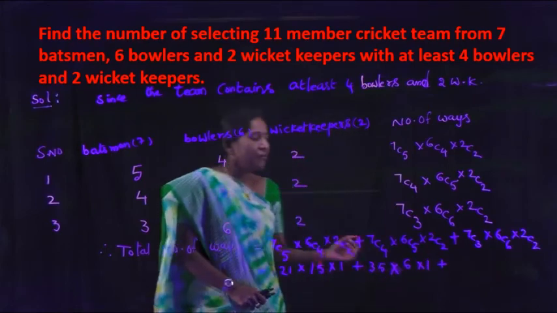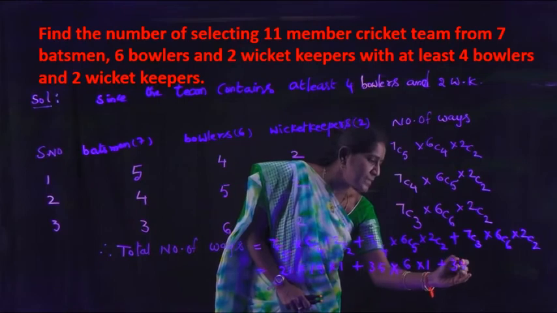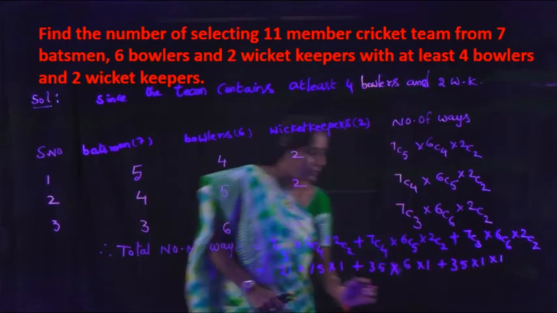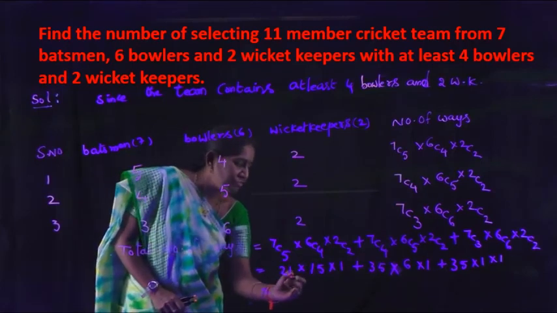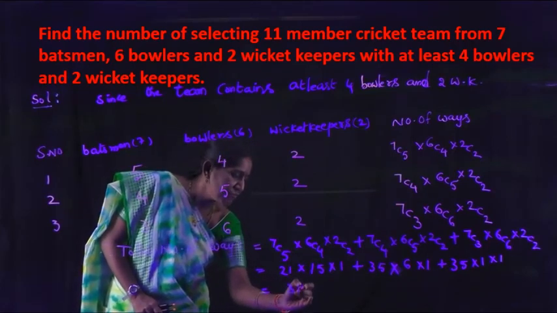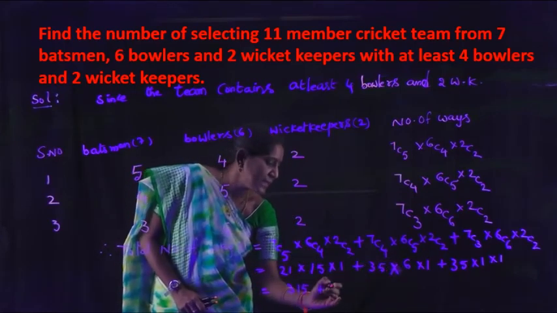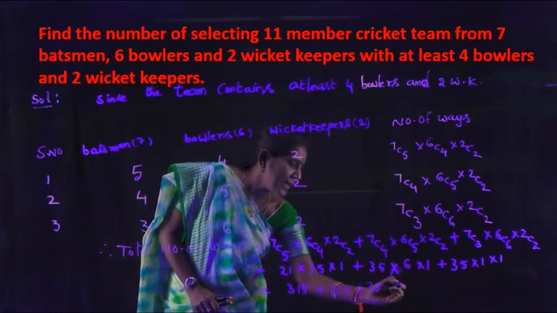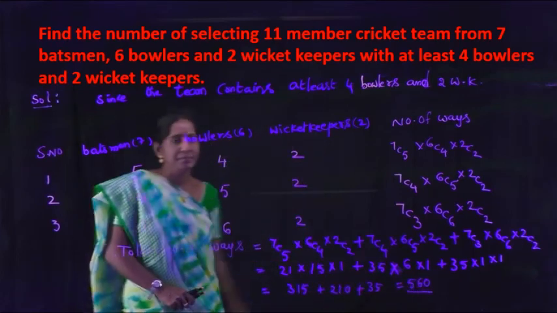And value of 7C3 again is 35 and 6C6 is 1, 2C2 is 1. Then multiply this, 21 into 15 we get 315, plus 35 into 6 that is 210, plus 35. By adding all these we get 560.